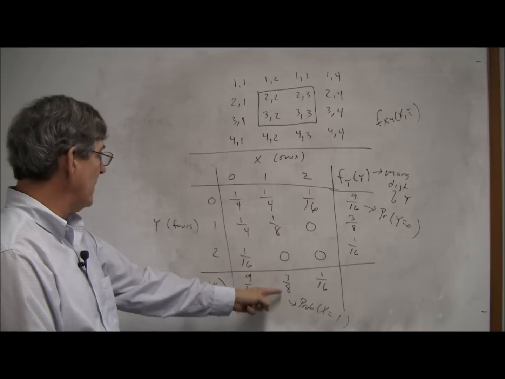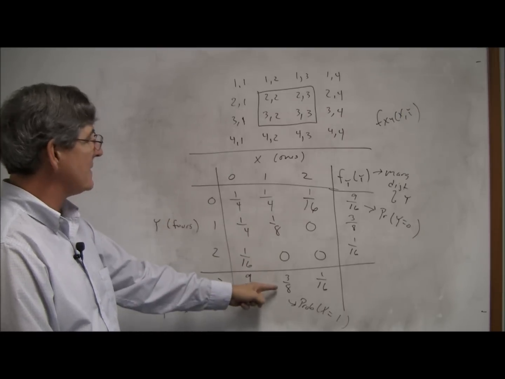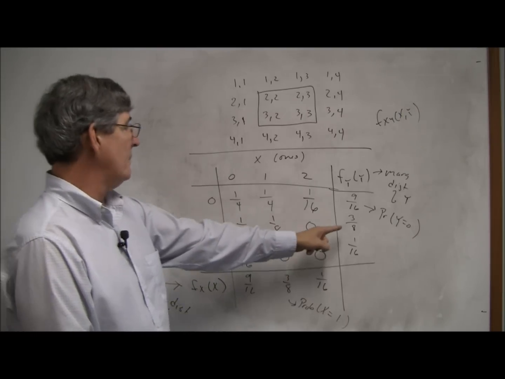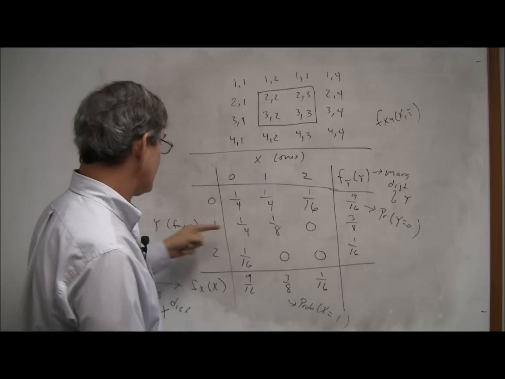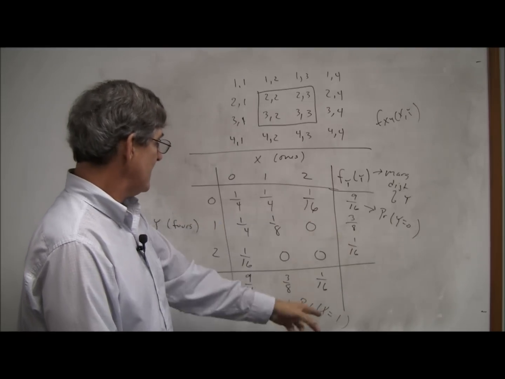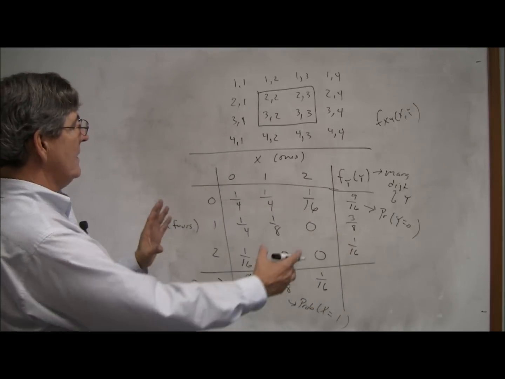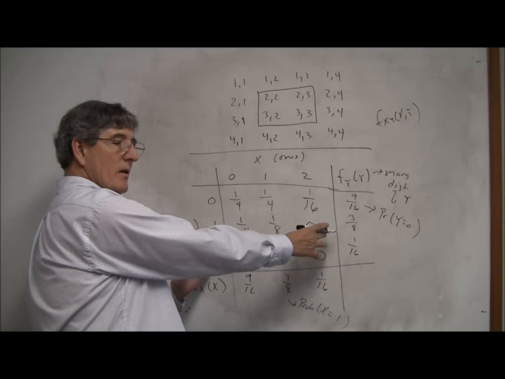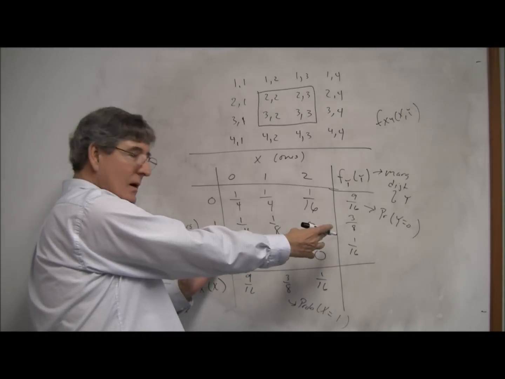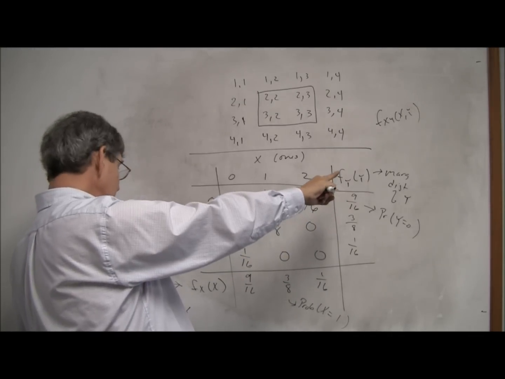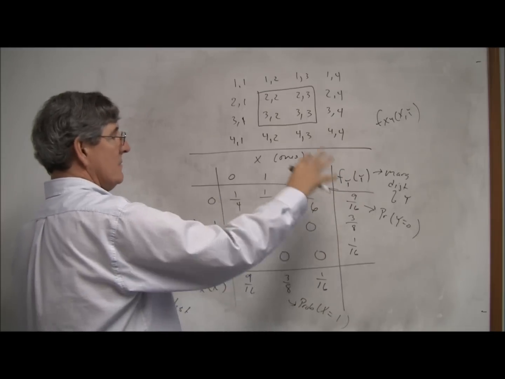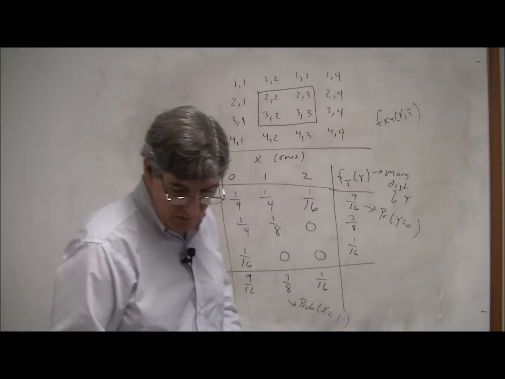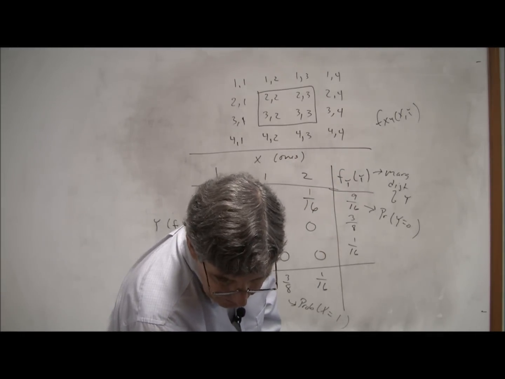So we sum up over all the y outcomes to get the x. This is the probability that y equals 1, not caring what x is, so we sum over the x's, and so on. So we have the joint distributions, or the bivariate distributions, called the joint distribution, and we have the marginal distribution. So the joint's in the middle, the marginals are on the side, and they're related in that way.